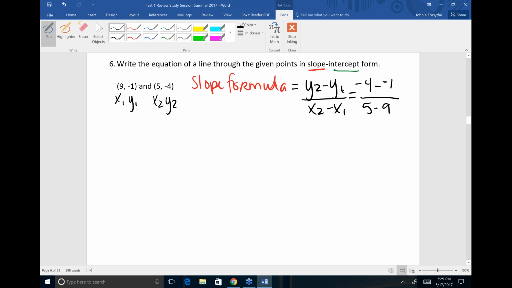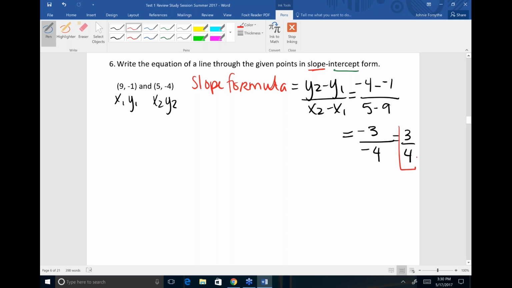Include all those symbols. All right? So now, negative 4 minus negative 1 is going to give me negative 3. And then 5 minus 9 is negative 4. Now, you don't want to leave a fraction with a negative divided by a negative. You want to simplify that and make that positive 3 over 4.